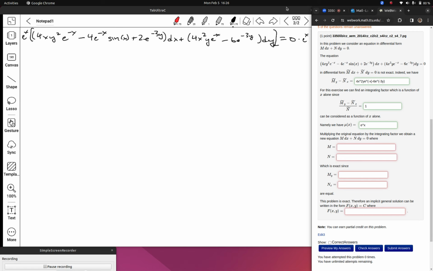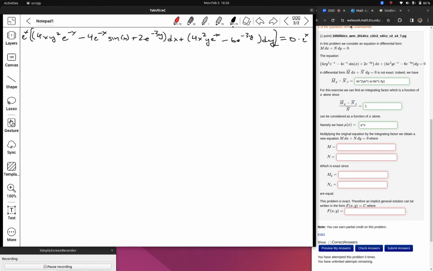So 0 times e to x is just going to be 0, so that side stays unchanged. And I'm going to move this e to x inside all of my parentheses without showing it. So if you need to pause and catch up with what I'm doing, don't let me stop you from pausing the video.